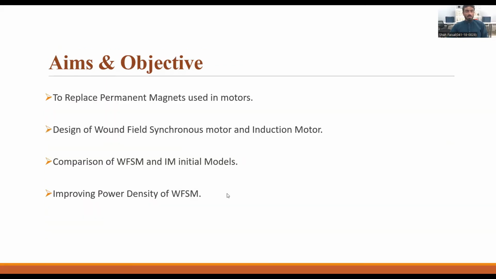The aims and objectives of our project: our first aim is to replace the permanent magnets used in motors. Then, design of wound field synchronous motors and induction motors, comparison of the wound field synchronous machine and induction motor initial models, and improving the power density of the wound field synchronous motor.